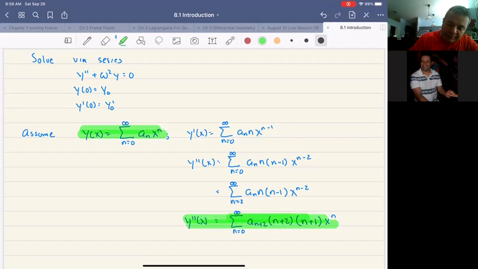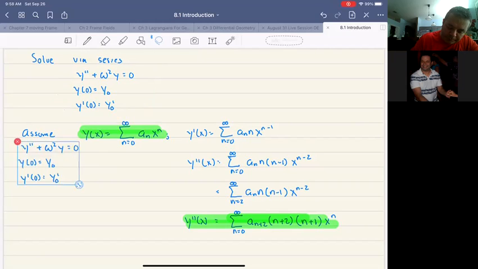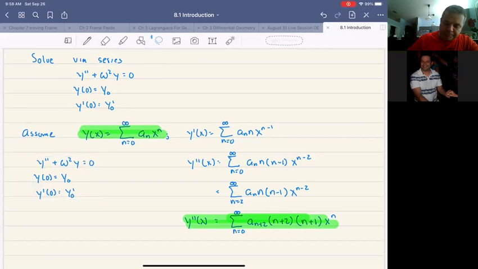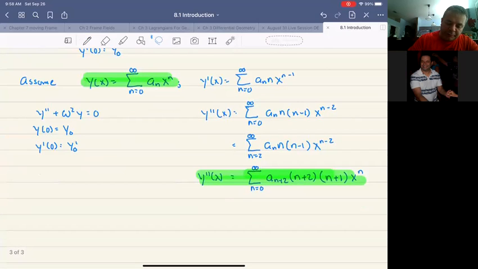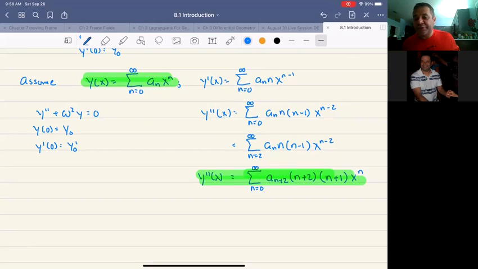Okay, let me write my equation again. So, again, we're going to write y double prime plus omega squared y equals 0.